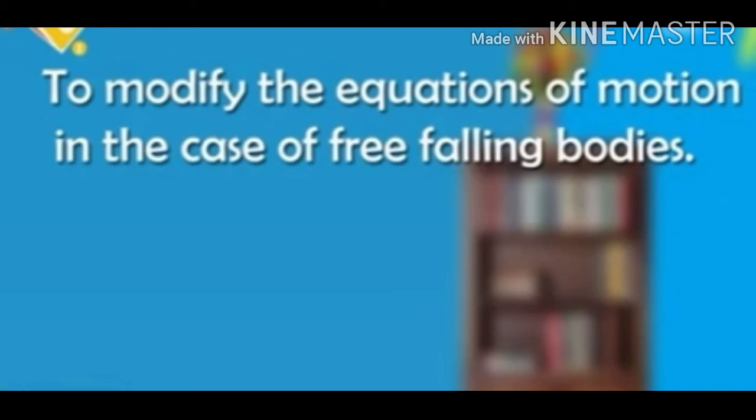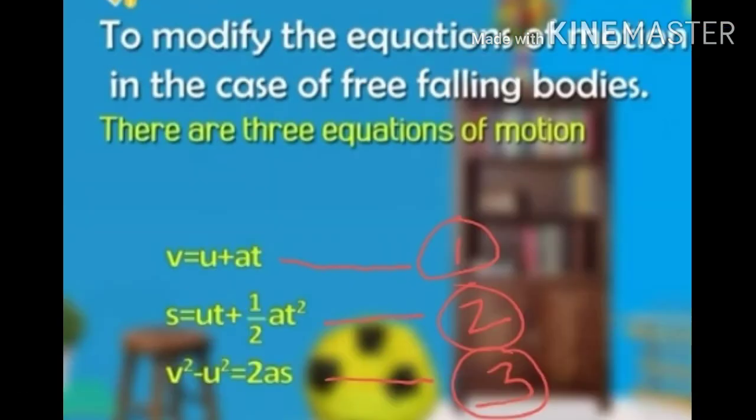In the previous chapter we studied the three equations of motion: v = u + at, equation 1; s = ut + 1/2 at², equation 2; and v² − u² = 2as, equation 3.